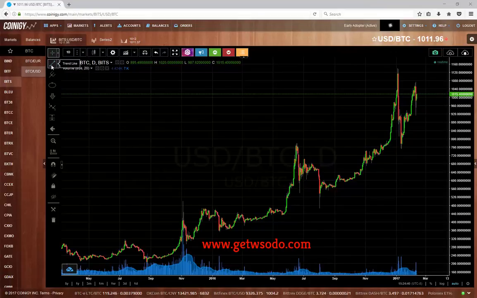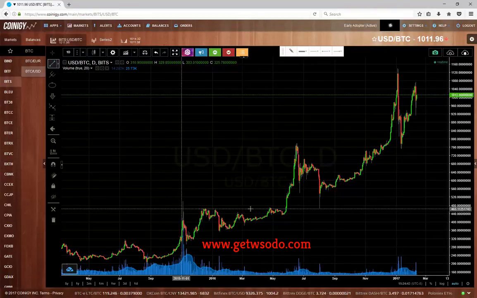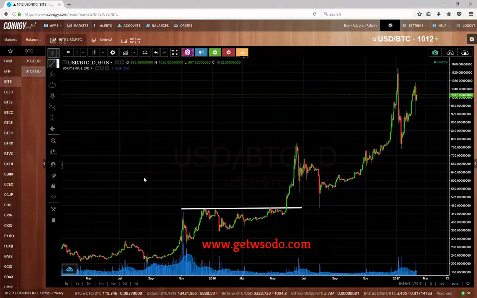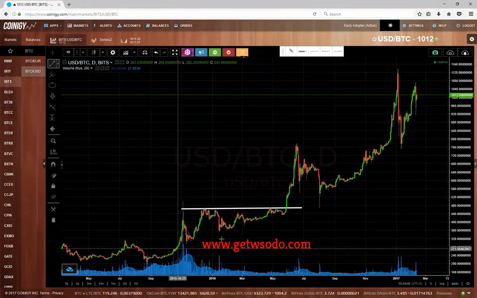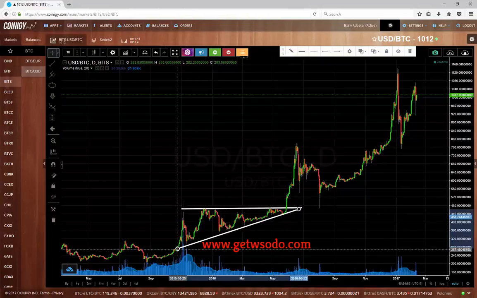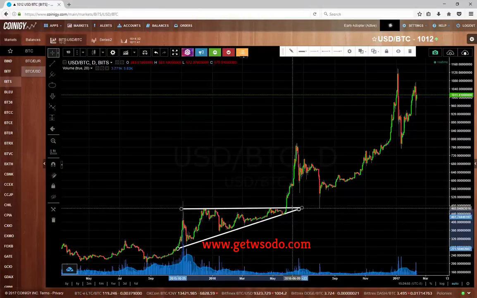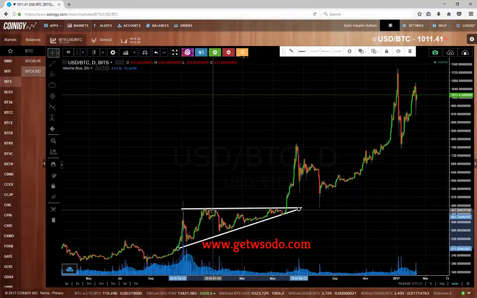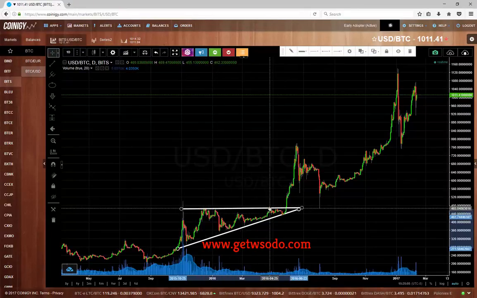So right here, we can see in this Bitcoin bull trend, we see what's called an ascending triangle pattern right here. And the reason why it's an ascending triangle is because you have a trend line that has a series of higher lows. So it's a bullish trend line, but it hits multiple points of resistance. So it hit resistance right here, right here, right here, close to this area, and right here.